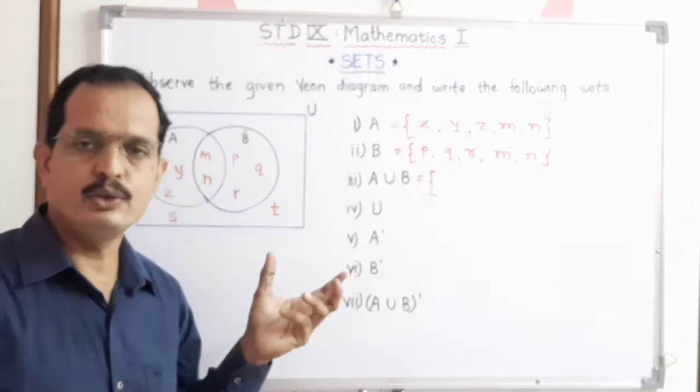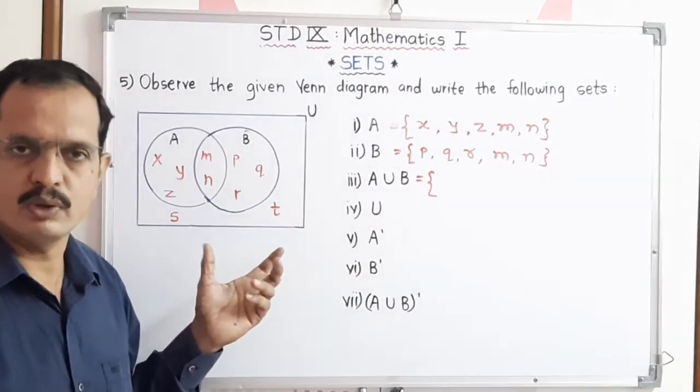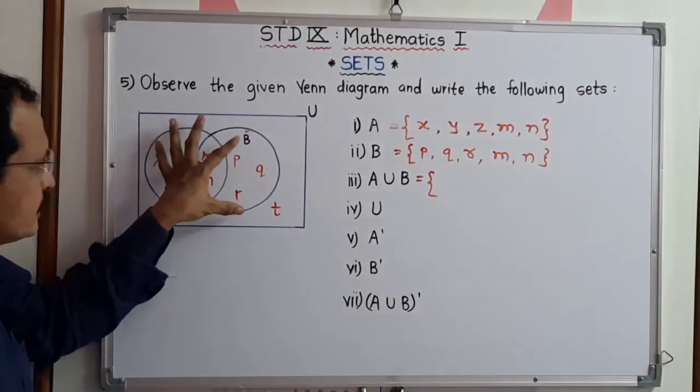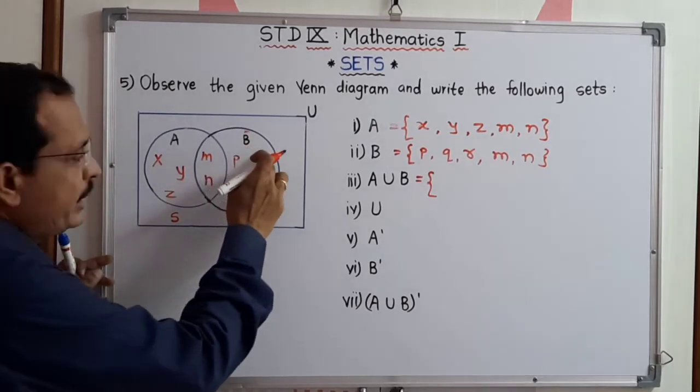All of you know that union means elements of both the sets. We have to write it in one curly bracket. This all is the union of the two sets A and B.